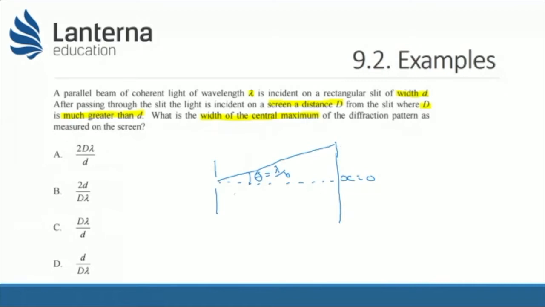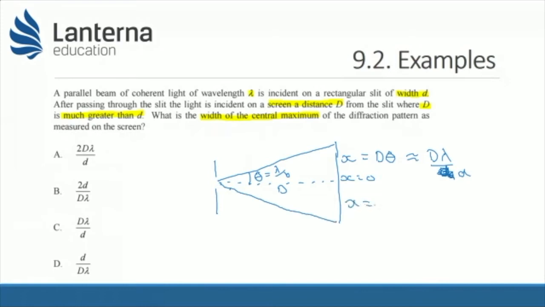Now the central width, well, let's find the width of this, so from 0 to here. If this is D, remember we said that x was equal to D times theta, which is equal to D times lambda over b. Not b, d. But I wanted the central width, so it's not just this, it's also going to be this bit.